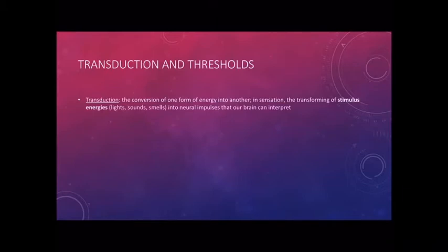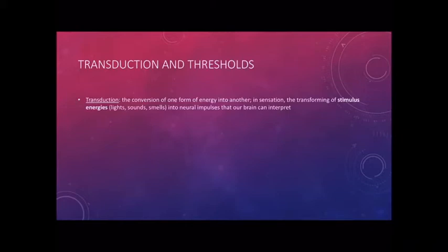We're going to be talking in this chapter a lot about vision and hearing and stuff like that. And so when we talk about transduction, we talk about how a light wave is transduced, is changed from light energy into electrical activity that's actually going on inside of our brains. So that's how transduction will really work in this chapter.